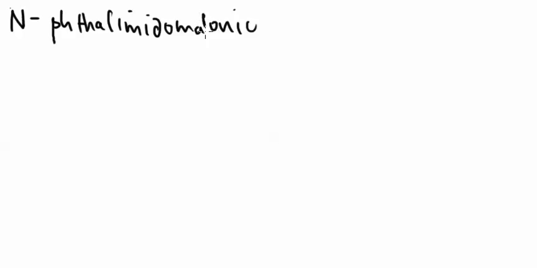And then we're not done. This is called ester synthesis. Now, don't ask me why they do not have a shorthand or an abbreviation for the N-phthalimidomalonic ester synthesis, but they don't.